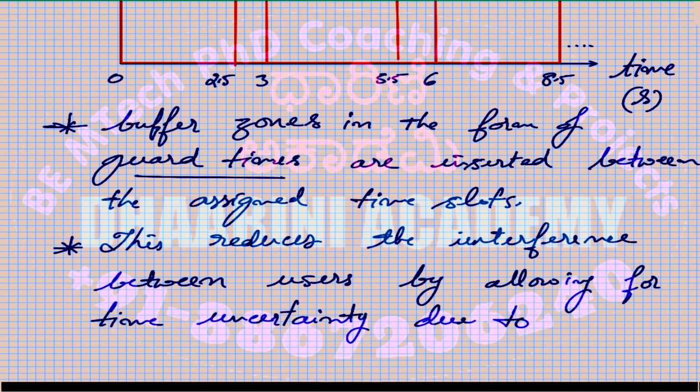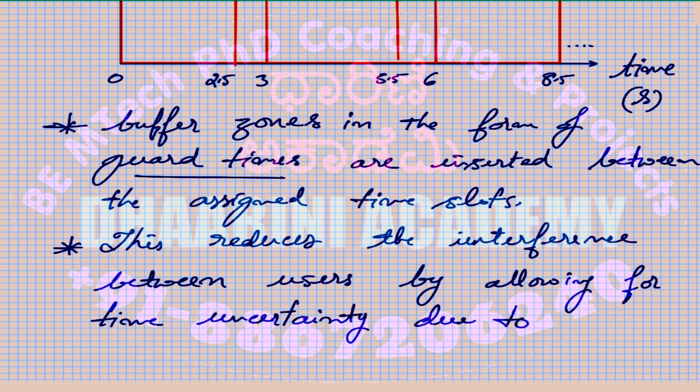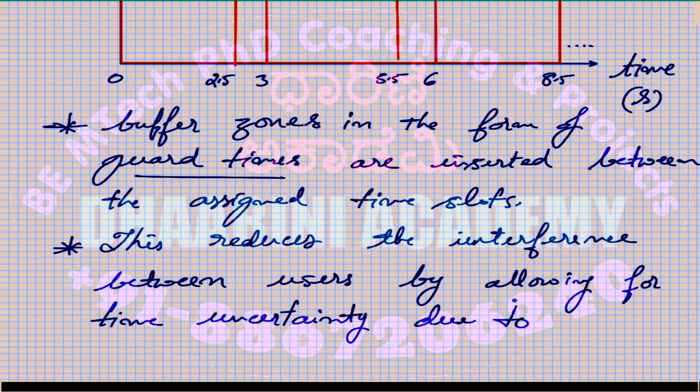There could be many reasons. We'll club all of them together under one category called system imperfections. There will be many errors in terms of time that might arise.